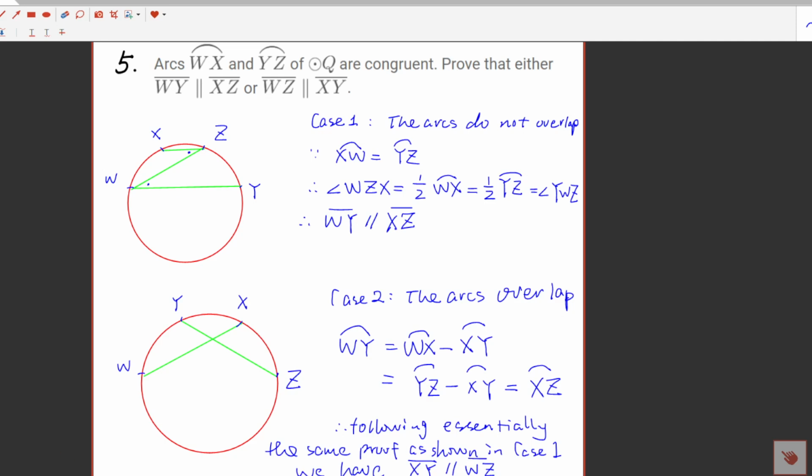So you need to consider two cases here. Alright, so basically that's the solutions to the homework of topic 2, part A.